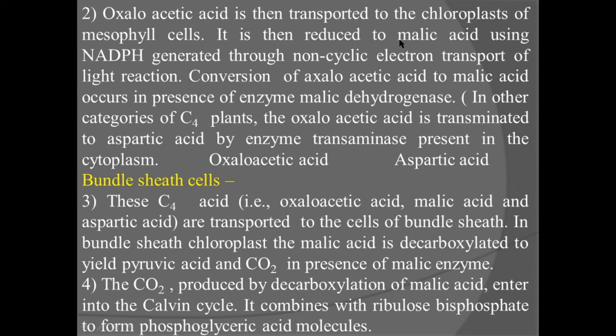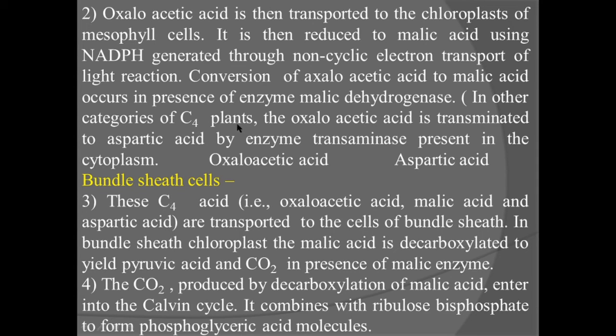It is then reduced to malic acid using NADPH generated through non-cyclic electron transport of light reaction. Oxaloacetic acid is converted into malic acid by utilization of NADPH molecule. Conversion of oxaloacetic acid to malic acid occurs in presence of enzyme malic dehydrogenase.